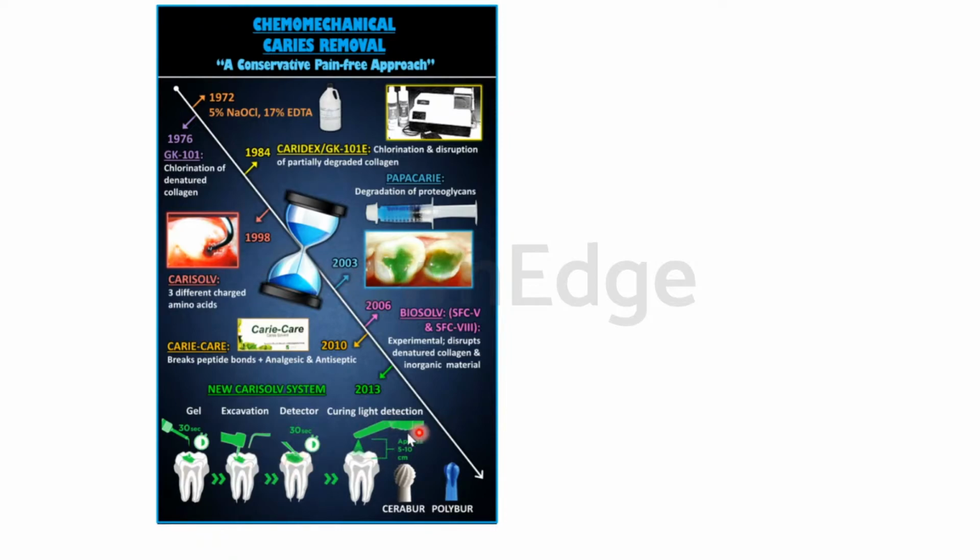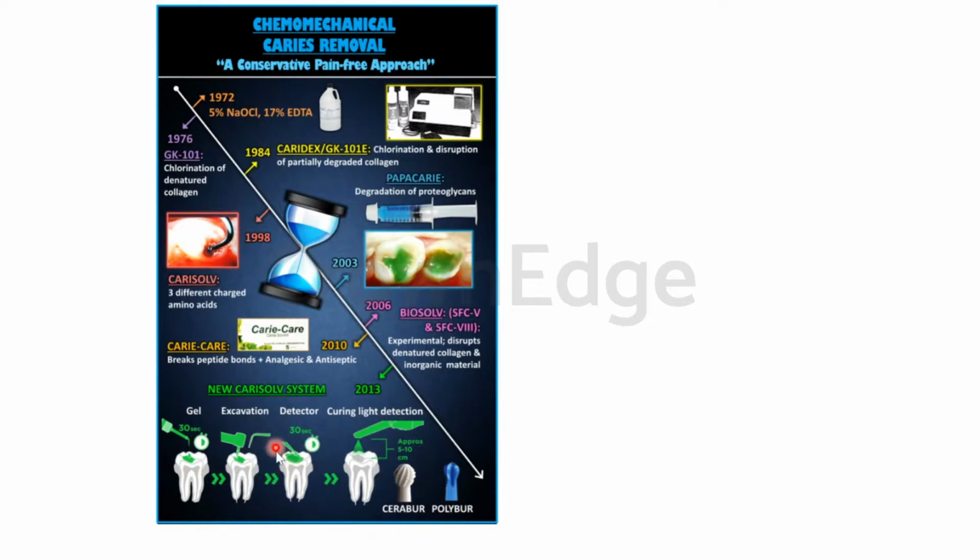And then you can also use some amount of curing light. The curing light helps in detection of any residual decay or residual infected dentine. So they had a particular photosensitive detector which was added to this gel. This detector gel along with the caries removal gel helped in effectively removing all the decay.